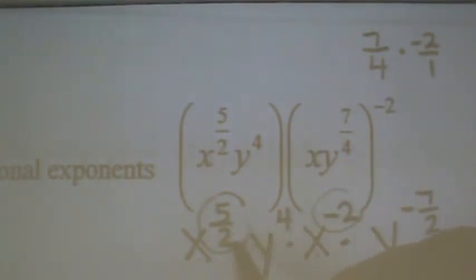So what's 2.5 minus 2? 2.5 minus 2 is 1/2. How about 4? What's another name for 7/2? 3.5. What's 4 minus 3.5? 1/2. Right.